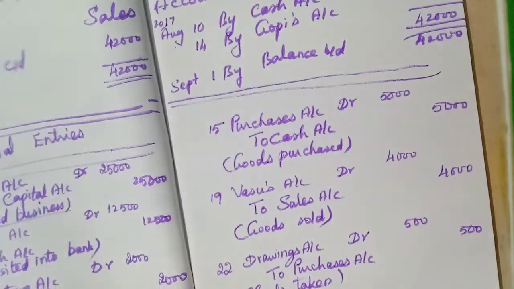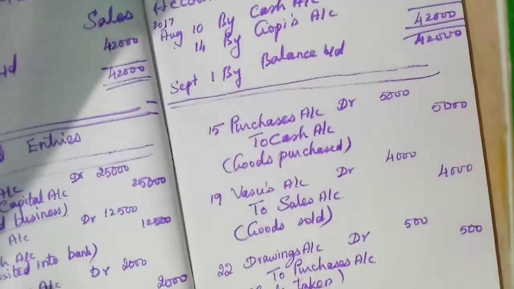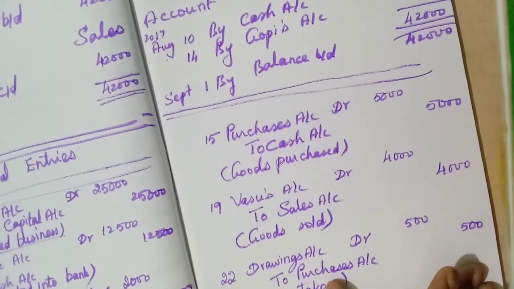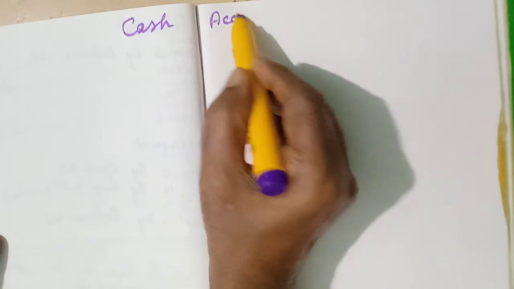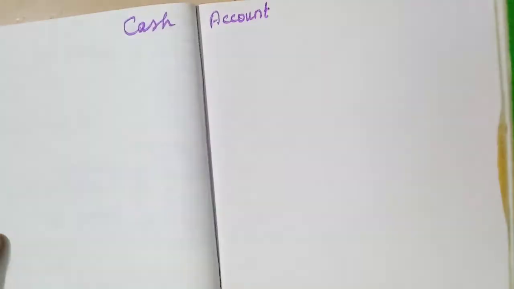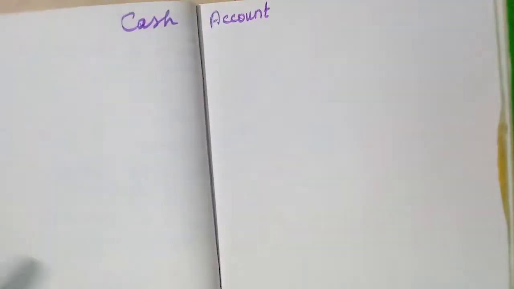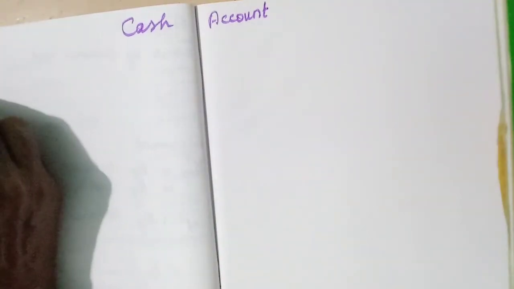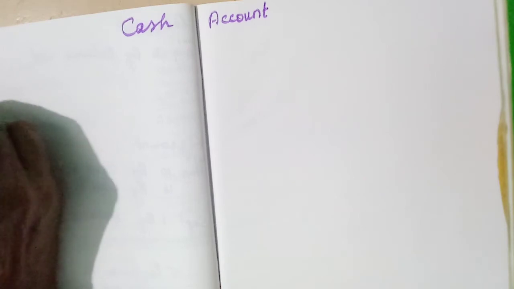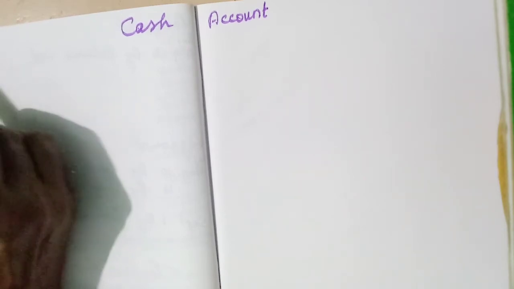Now we need to post all these entries. Okay, first cash account. First entry, cash account debtor to capital account. Date 2017 October 1.